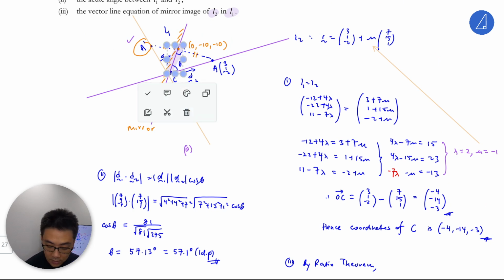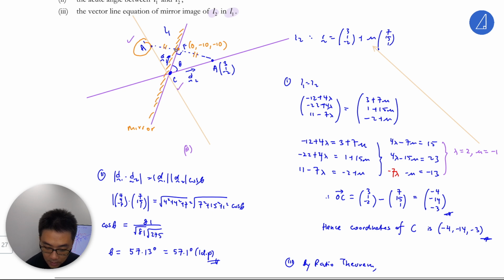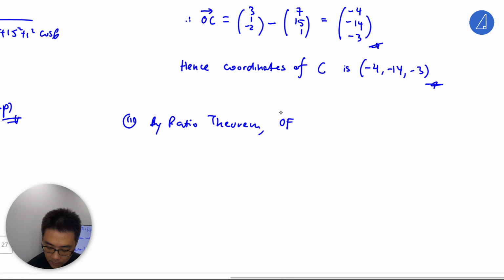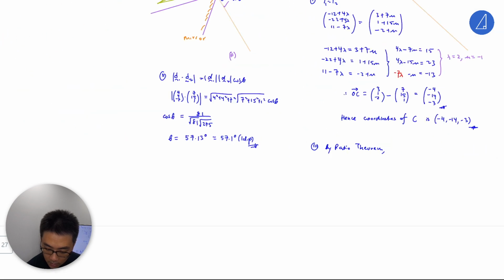You don't use C, you can straight away use somewhere far away, like O. Just put an O there from the origin. OF is (OA plus OA prime) over 2. To find a mirror image, OA prime equals 2OF minus OA. So there you go.